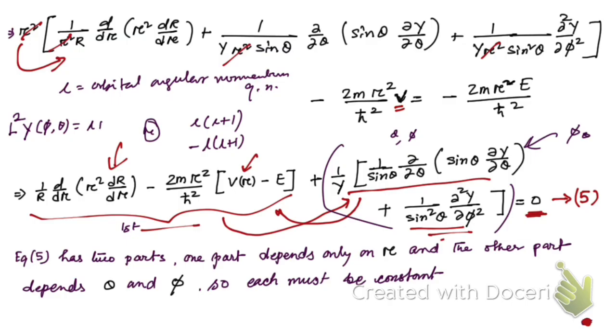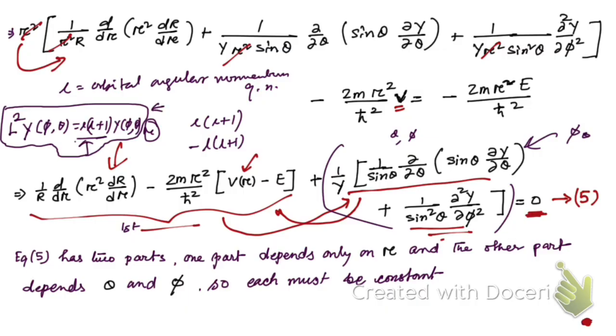this l into l plus 1 will be the eigenvalue of this operator. So instead of considering another constant, we have considered this constant. If you don't have the idea of operator, eigenvalue, eigenfunction, then don't think about it too much for the time being.